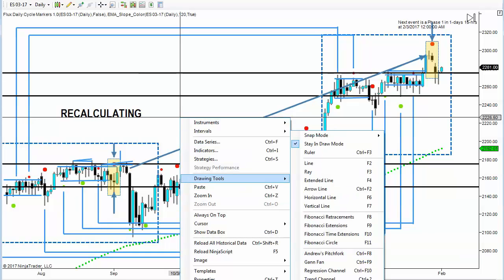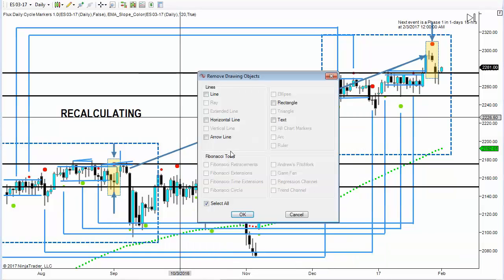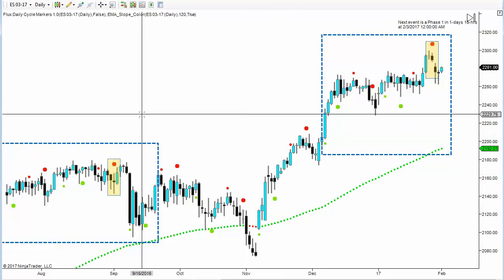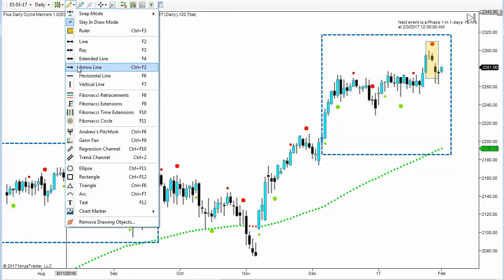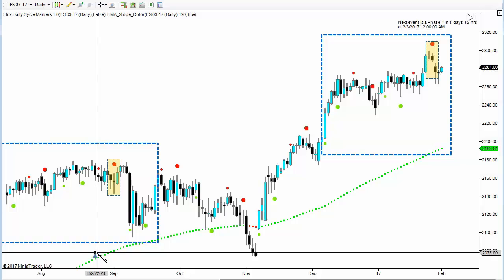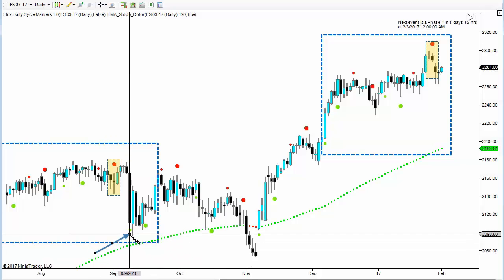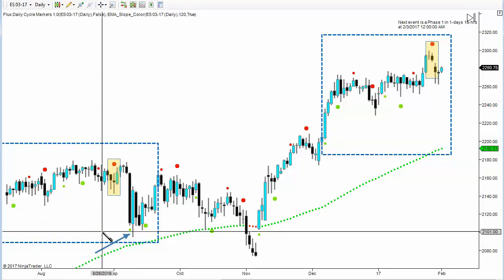When I get rid of all of our tools except the rectangle, I know that the phase 1 is coming up next. Okay, this is the Obama echo.